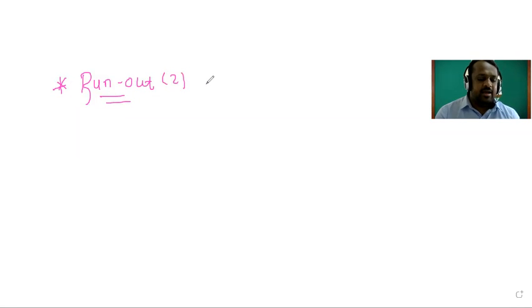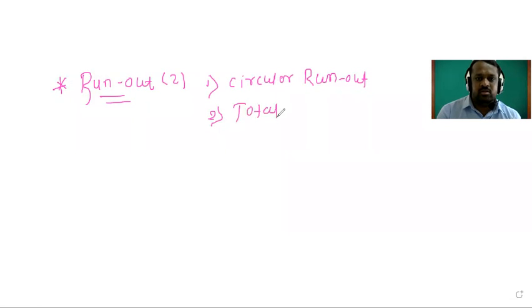The first is the circular run out, and the second is the total run out. And what is meant by the circular run out and total run out?